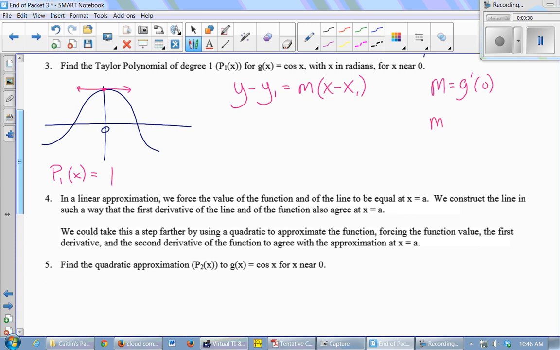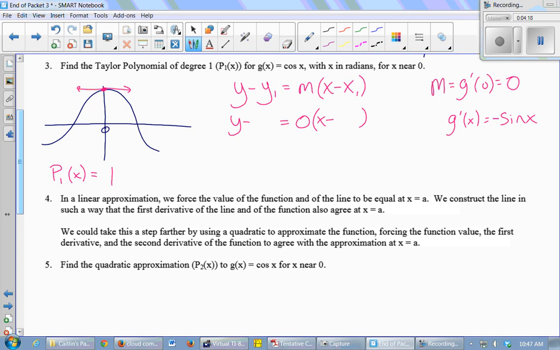And so first I just need the regular old derivative, right? g prime of x. If g of x is cosine x, what's g prime? Negative sine, right? So what's g prime of 0? 0, yeah. Plug a 0 in there, the sine of 0 is 0. All right, so we've got the slope. We go back to our equation and I can put in a 0 there. And then what I need is a point, an x1, y1. I need a point on that line.